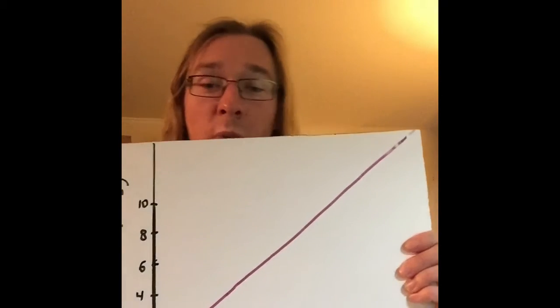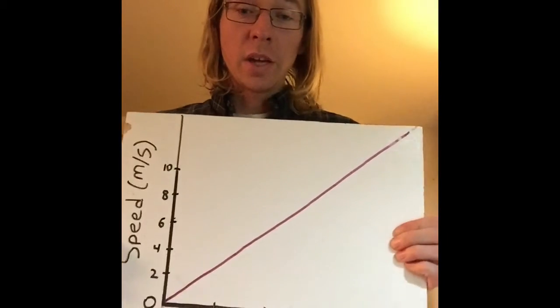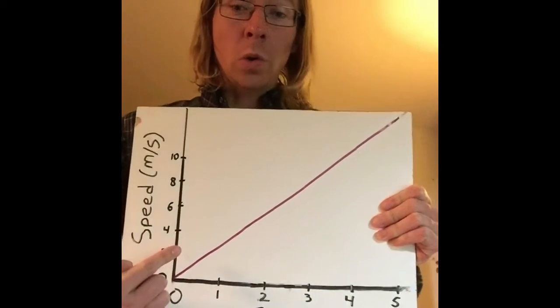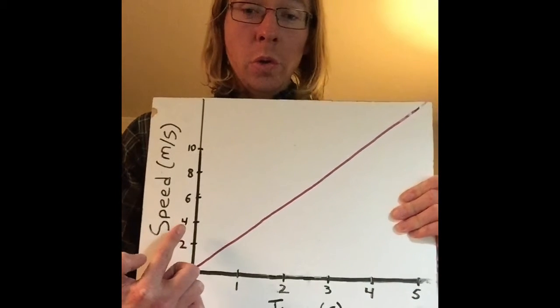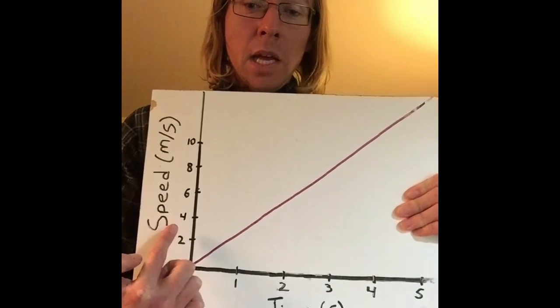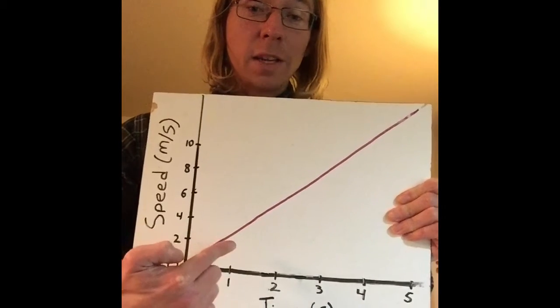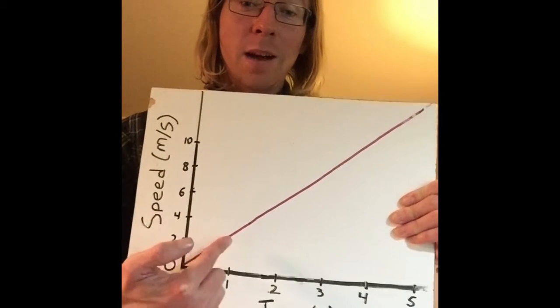Now, you read these graphs differently than you do distance versus time graphs. On the distance versus time graphs, I said that you could tell that the object is moving at a constant speed when you take the distance that corresponds to a certain second and you divide it. You will find the speed at that moment.